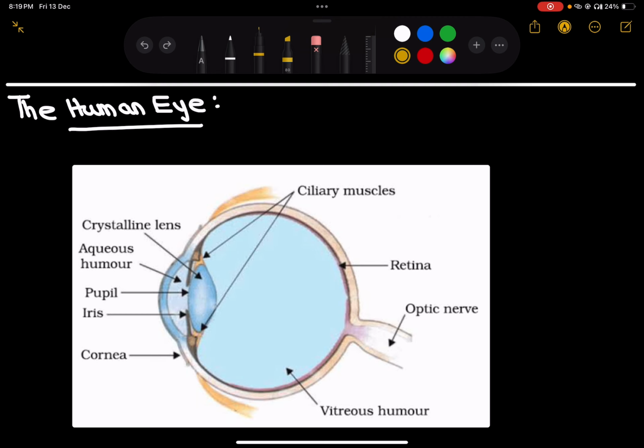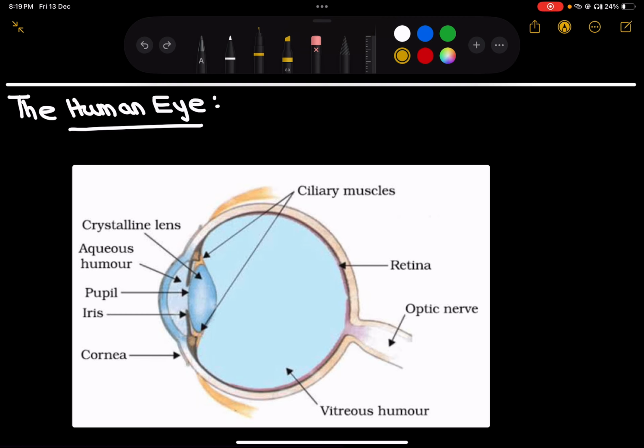But for now, we are going to focus on one of the most sensitive and most vital organs of our body. We know that we can use our nose to smell, and our hands to touch. There are five senses, as you know.